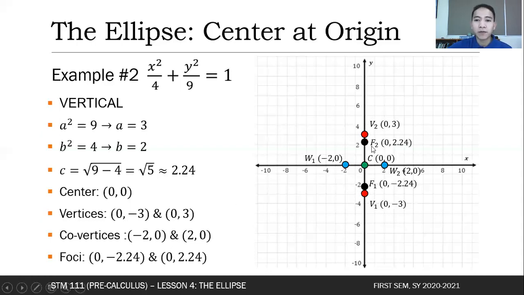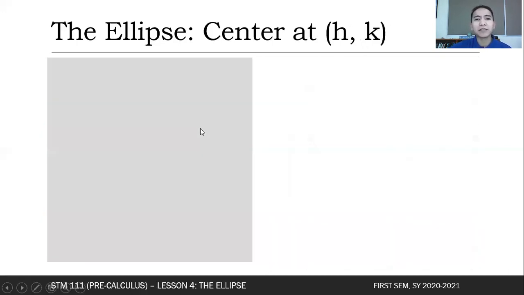Then f sub 2, dahil kompleto na iyong 7 points, pwede mo na i-draw or sketch ang ellipse na dumadaan sa iyong vertices at co-vertices. So that is how you graph an ellipse, a vertical ellipse, given the standard equation, whose center is at the origin.